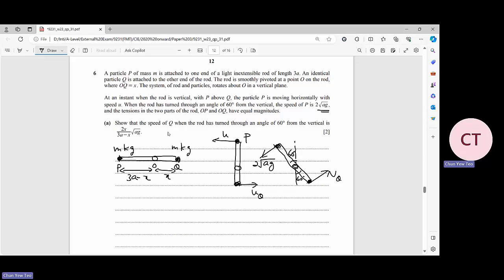Show that the speed of Q when the rod has turned through the angle 60 degrees from the vertical is this much. So what is the relationship between the speed of Q and the speed of P? Because this is circular motion, we have angular speed and we have tangential speed.